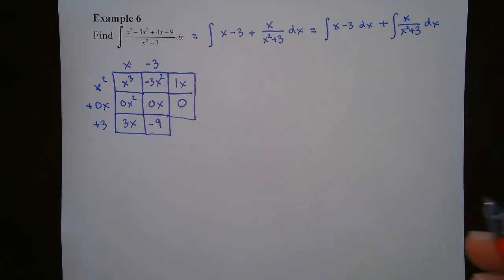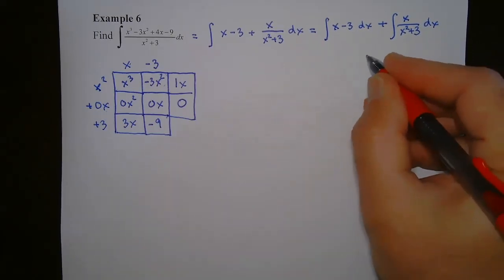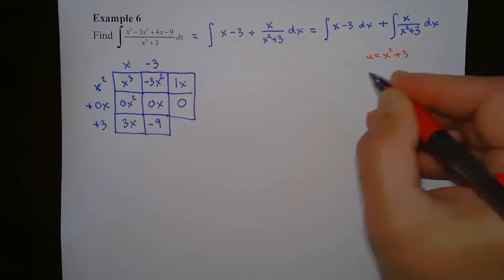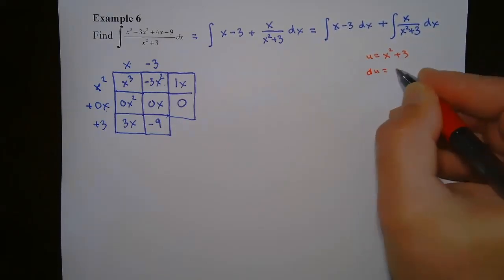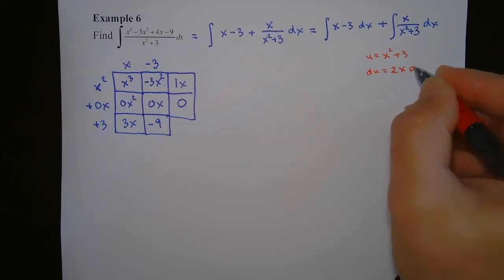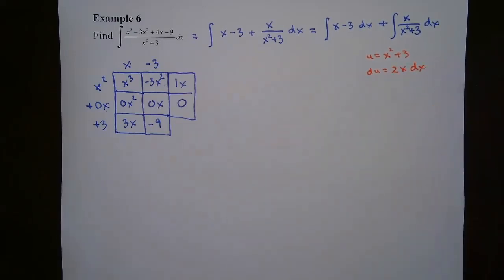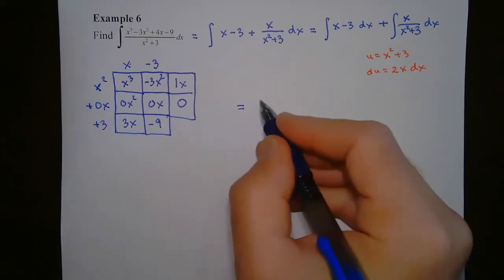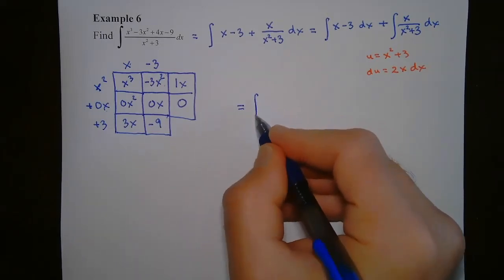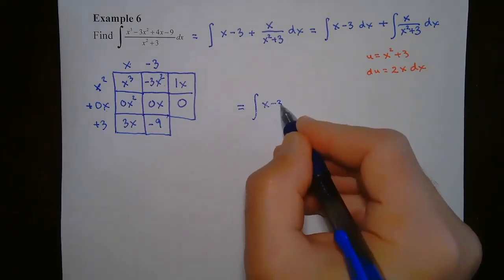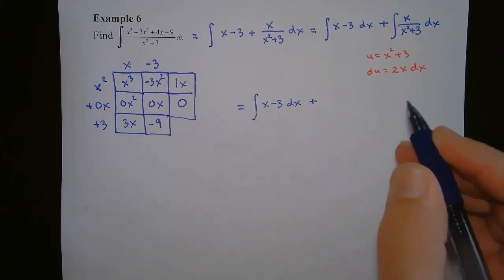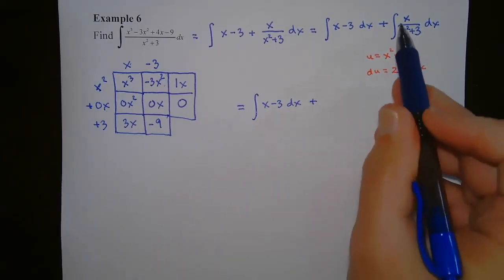So for this one, we're going to let u equal x squared plus 3. And then du would equal 2x dx. Okay, so then this would equal the integral of x minus 3 dx plus, we need a 2 up here, right?